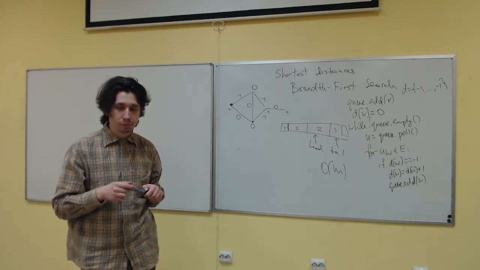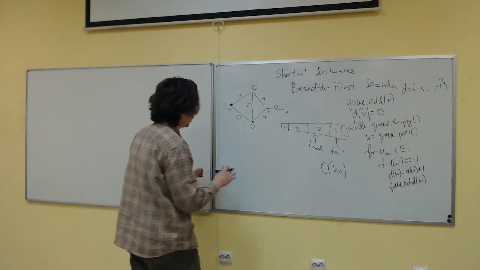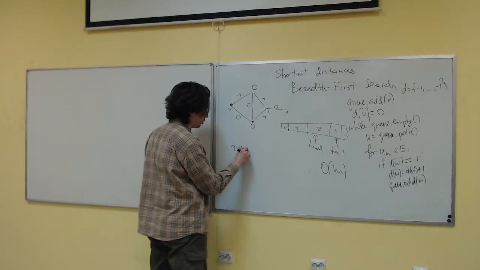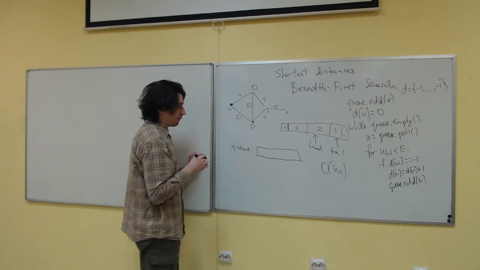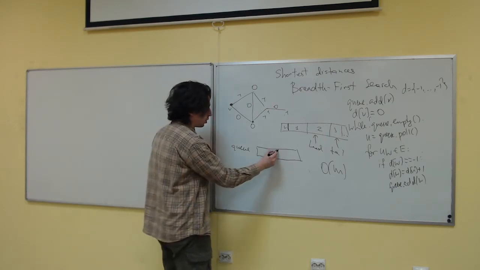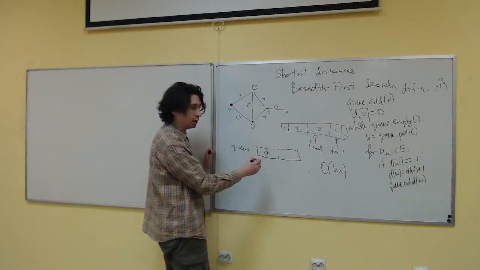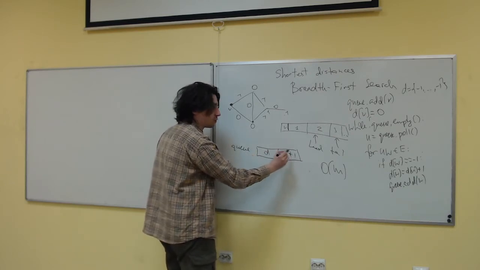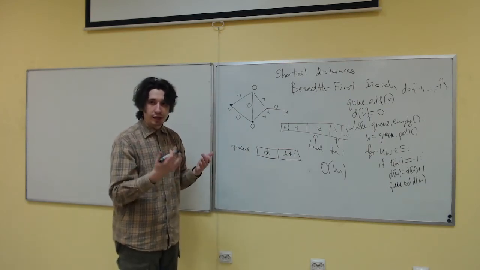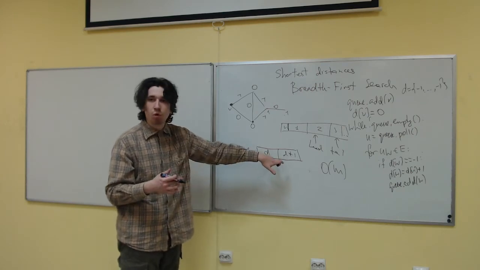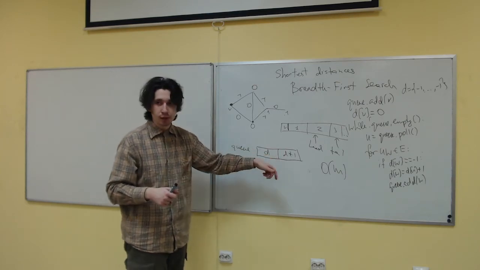A small hint: if you look at the queue, it always has this state. There are vertices at the beginning with distance d, and then vertices with distance d plus 1, and that's all. You never store in the queue at the same time two vertices whose distances differ by more than 1. So d plus 2 cannot be here.